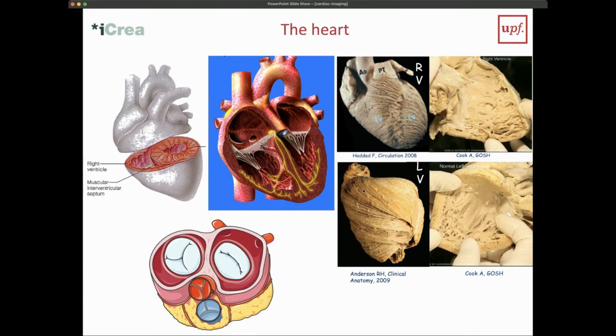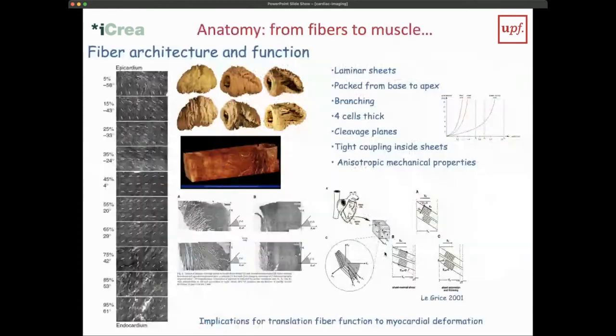So you have this very gradual, continuous change of the angle in which the cells are oriented within the muscle wall, from longitudinal on the outside towards very circumferential in the middle, and then again longitudinal on the inside. And here you see some histology analysis of this, where you clearly see that this direction is gradually changing from the outside towards the inside of the wall.